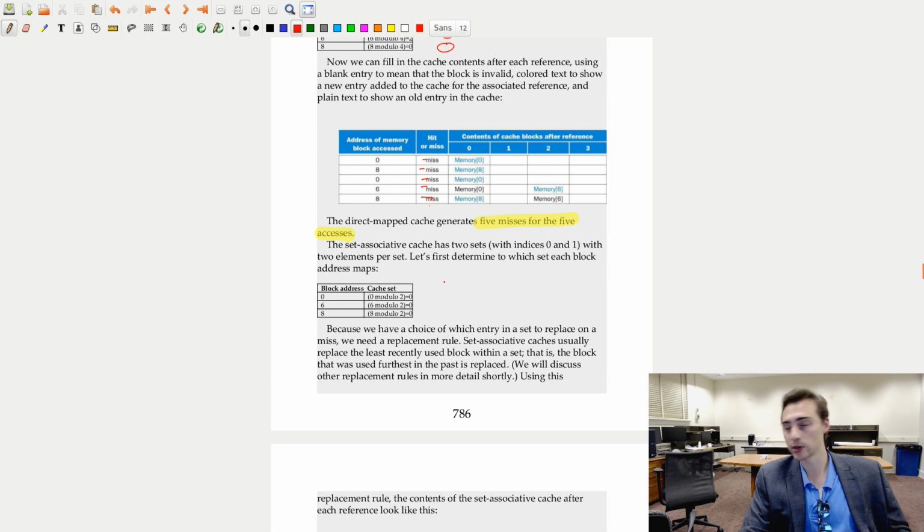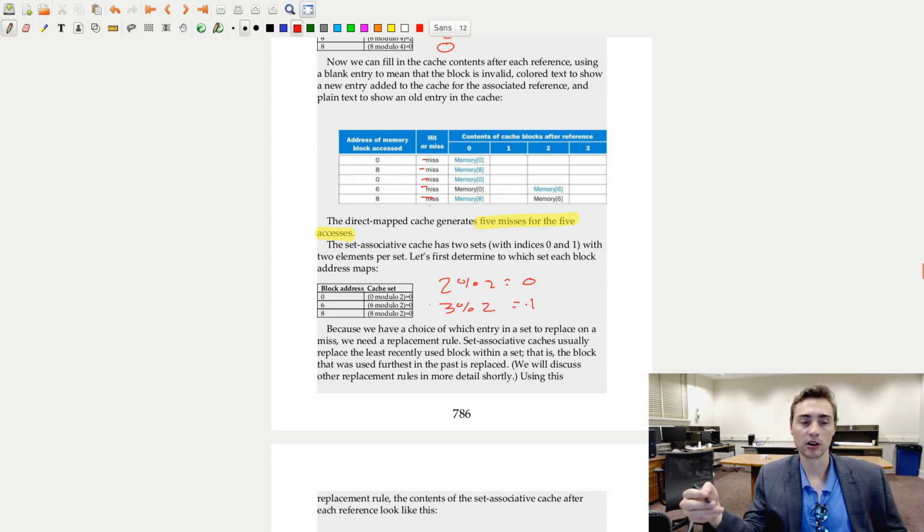They're all even addresses, so if we have something even mod 2, it's all going to be 0. So 2 mod 2 is equal to 0, but 3 mod 2 would be equal to 1. You can think of mod being remainder. So if it's an odd number, it'll be remainder 1. If it's an even number, it'll be remainder 0 if we're doing mod 2.